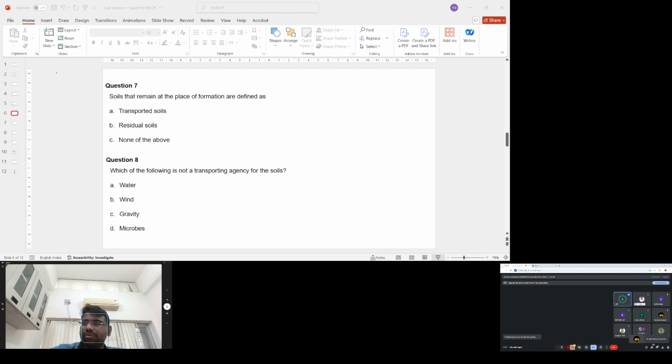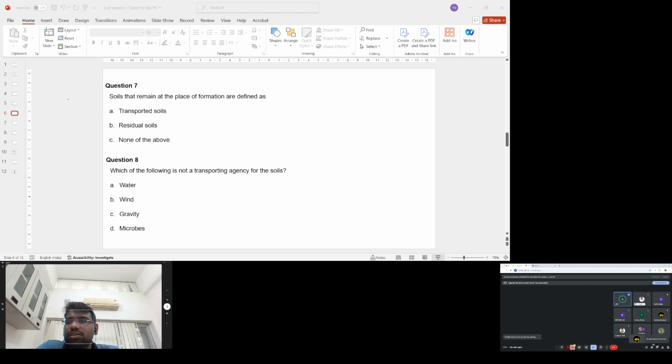Humans have also become a major transporting agent for soils. And obviously water, wind, gravity. So these are some of the transporting agents, and residual soils are broken down.